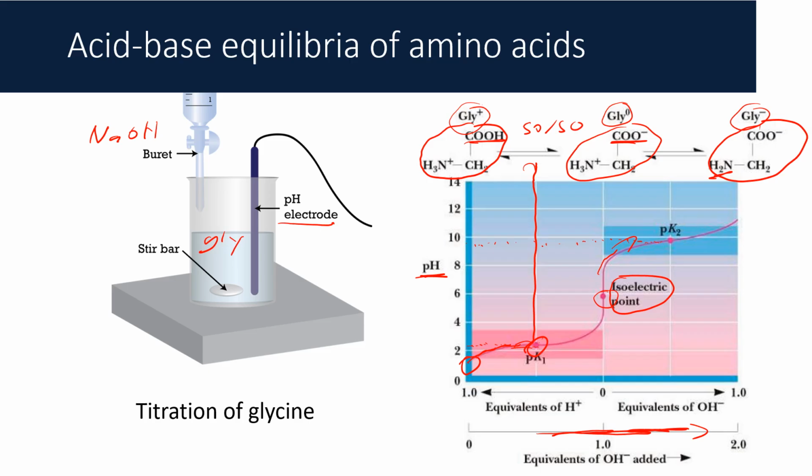There's a lot that goes on with these titration curves, so I encourage you to pause, rewind, and think as necessary to become confident with now connecting the protonation states of our amino acids to the titration curve.